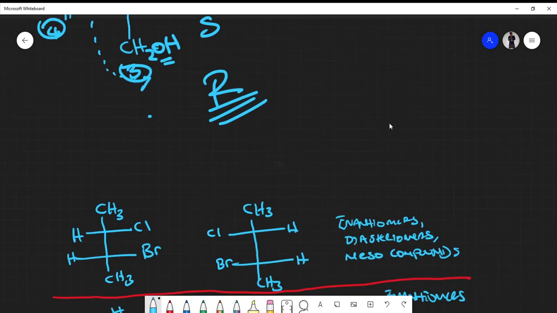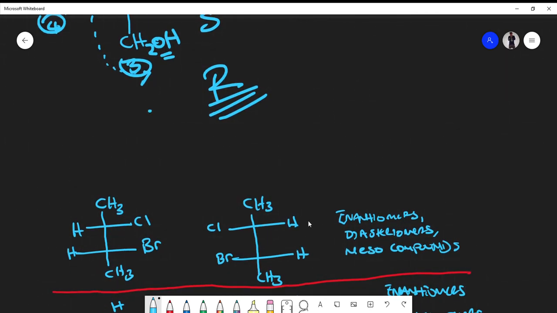Now, let's look at these 2 compounds. My question is, are these enantiomers, diastereomers, or are they meso compounds? To eliminate meso compounds, the first thing you want to do is draw a plane of symmetry through the molecule.